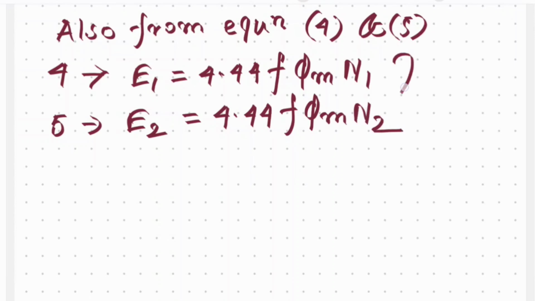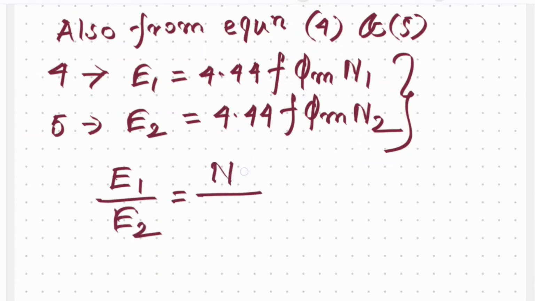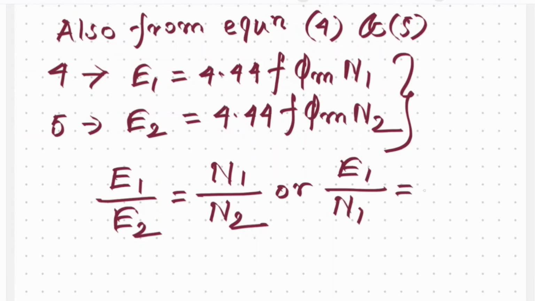So from these two equations we can write E1 by E2 is equal to N1 by N2, or we can write E1 by N1 is equal to E2 by N2.